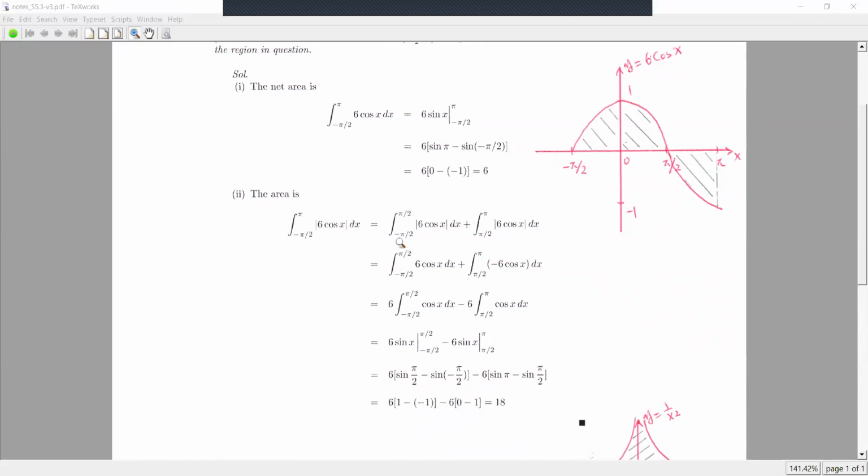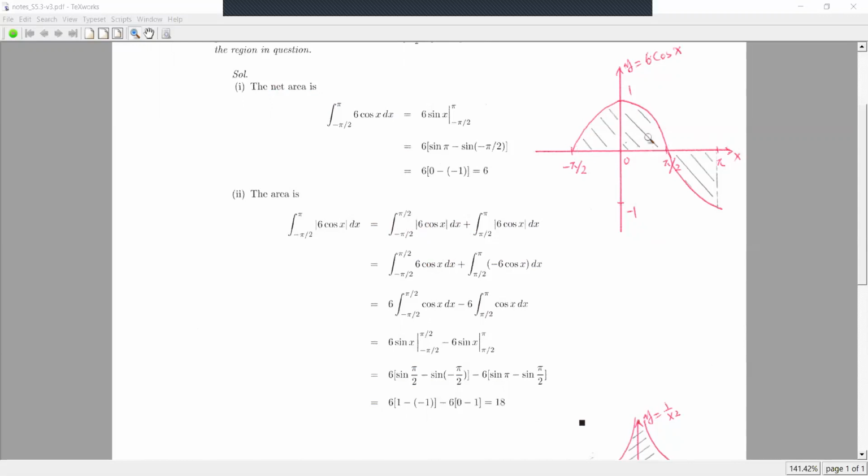The first integral is from negative pi over 2 to pi over 2. The second integral is from pi over 2 to pi. Now, for these 2 integrals, I can remove the absolute value. In the first integral, x is between negative pi over 2 and pi over 2.